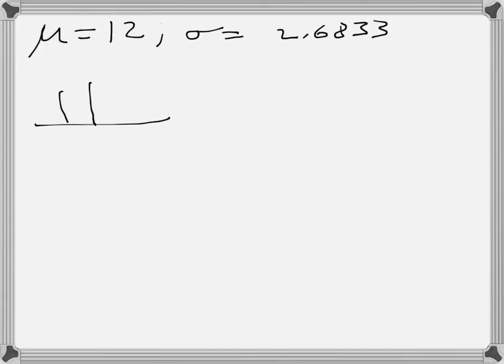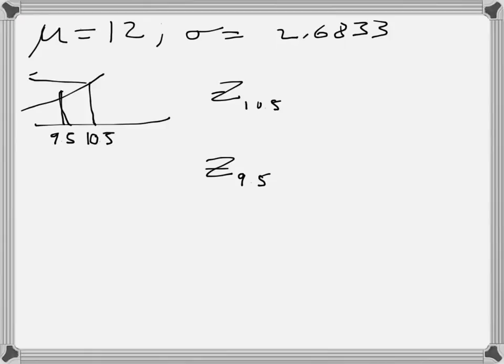To copy this over real quick, mu is 12, our standard deviation is 2.6833, and we want the probability that we end up between 9.5 and 10.5. To do this, we need the z of 10.5 and the z of 9.5. Looking up the z of 10.5 gives us the probability that we're left of here, and then I subtract off the probability I'm left of 9.5 to leave me just this chunk.